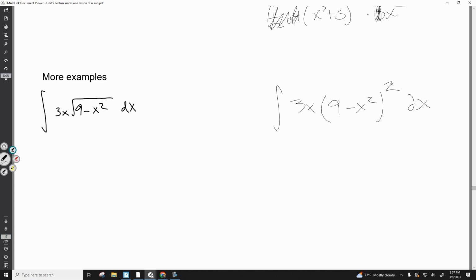3x times (9 minus x squared) squared. You see a product, but the product comes from a chain's derivative. If you undo the chain rule, you will get rid of the product. You will find that there is some chain whose derivative is this product.